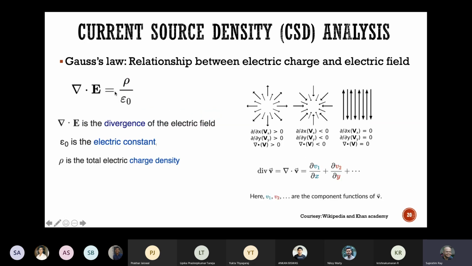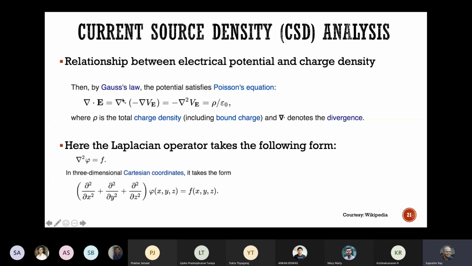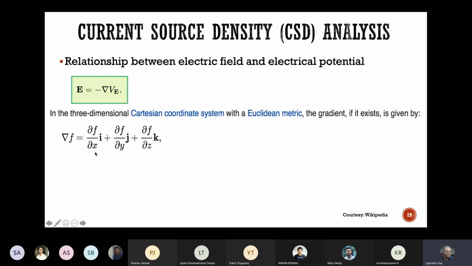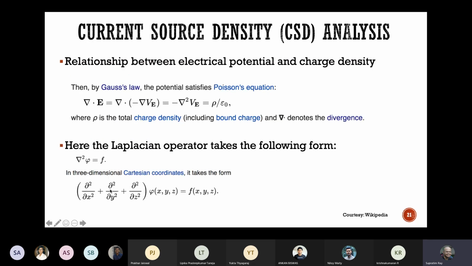This one and that one. And then you just put the operator given like this, and you will see that the final form is just this. It's the double derivative in the x direction, y direction, and z direction. You add them up and you apply it to the voltage and you get the charges. Okay, it's very straightforward. That's it.